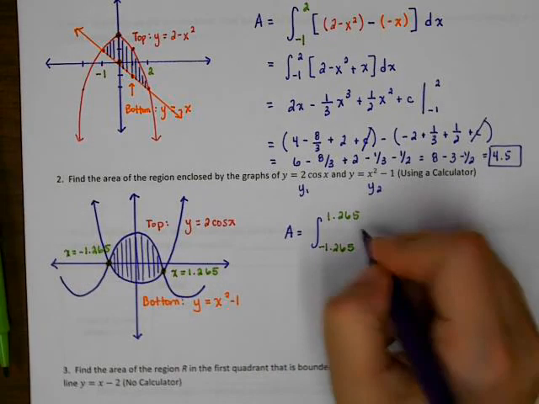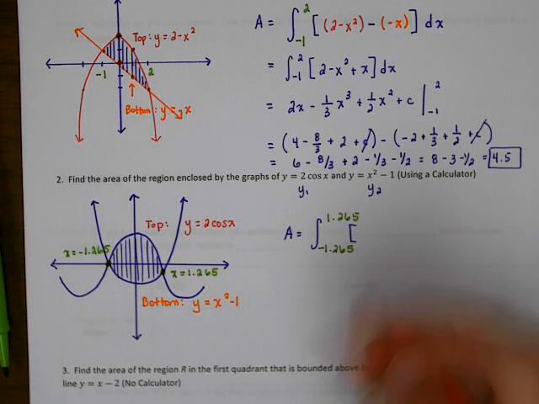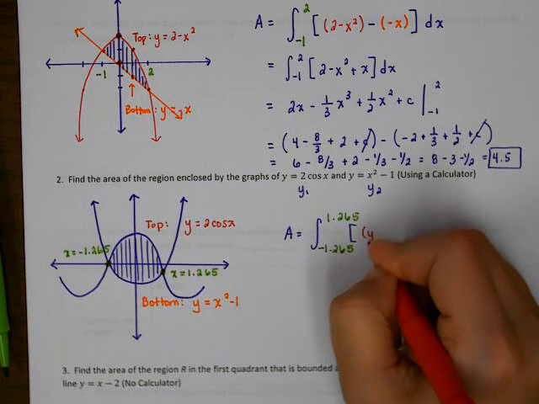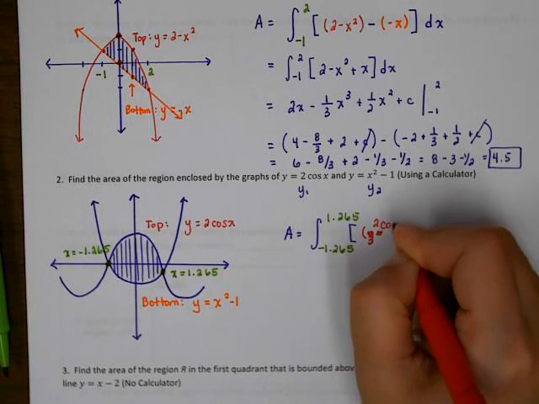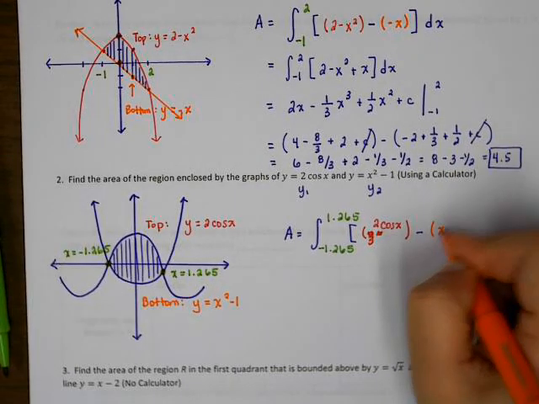And inside here, I would put my top function, which is just 2 cosine of x minus the bottom function, which in this problem is x squared minus 1.